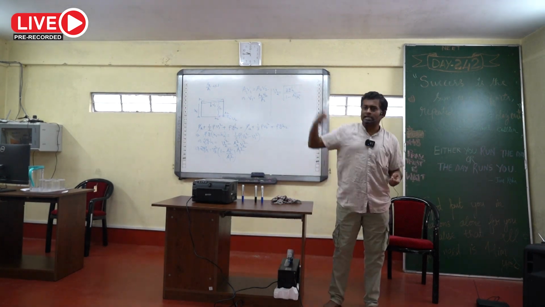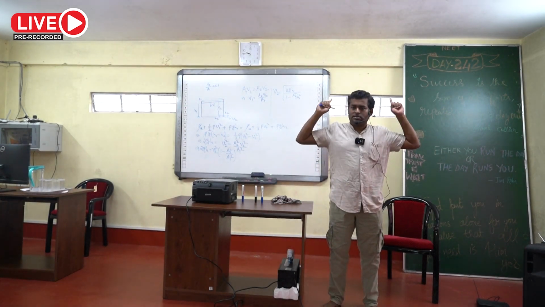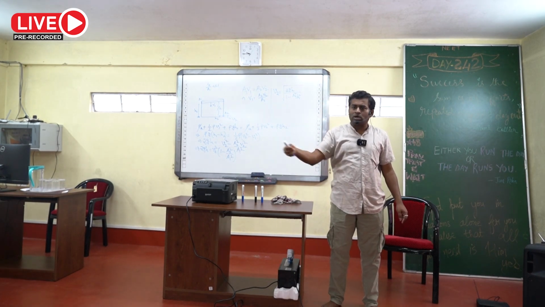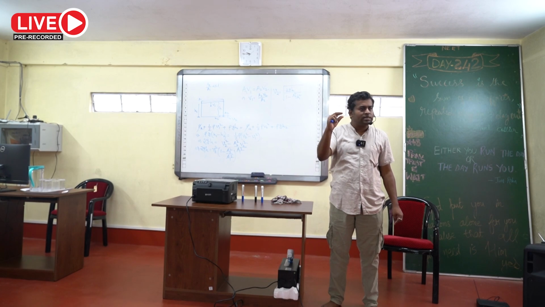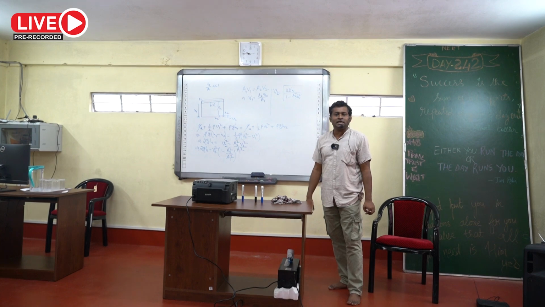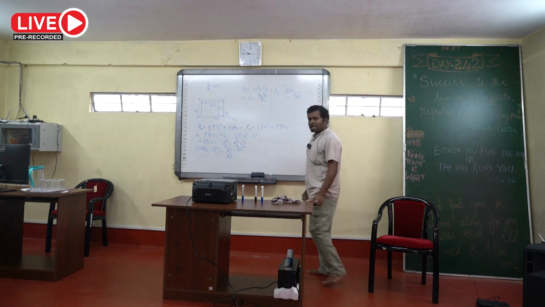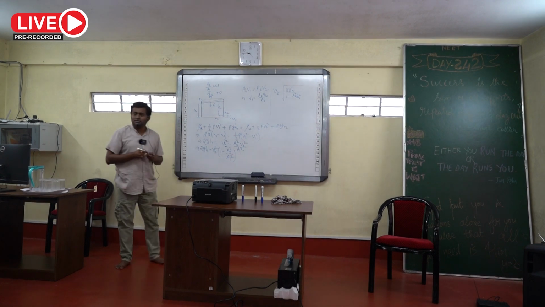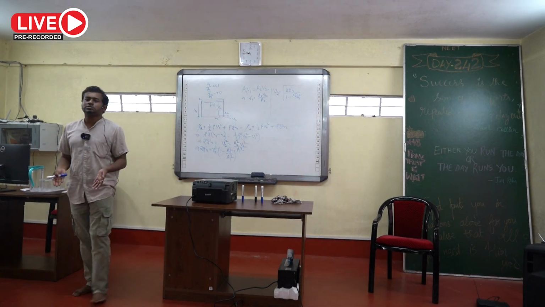The normal tank has this much wide opening, but the pipe through which the water comes out at the bottom has a very small area. In that case, A2 square by A1 square, I can consider almost tends to 0 because it is much smaller.